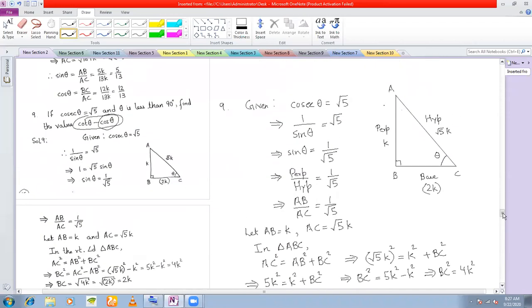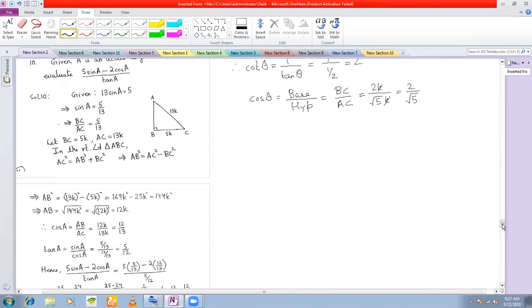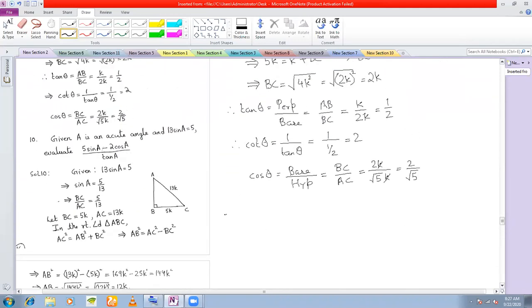And you have to find the value of cot theta minus cos theta. Therefore cot theta minus cos theta is 2 minus 2 by root 5. Now in this solution, I think I have forgotten to write this here.